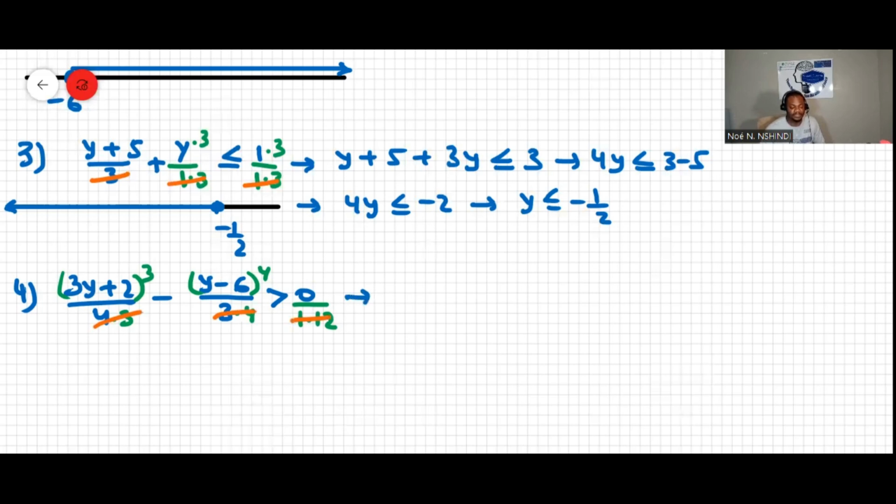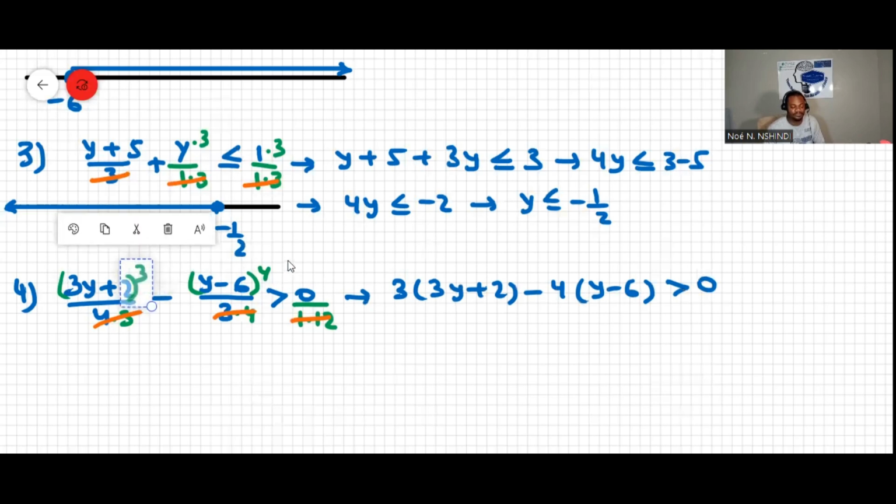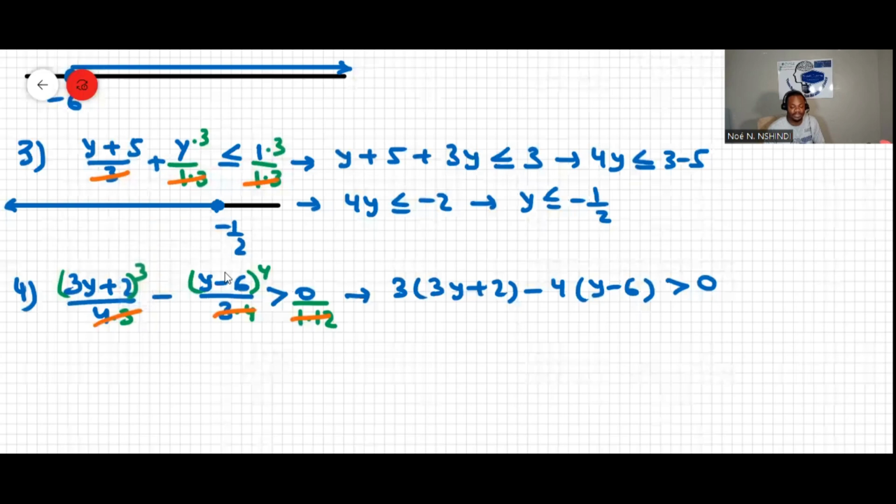Then this will make what? 3 open bracket 3y plus 2, okay, minus 4 open bracket y minus 6 greater than 0. So I just write this 3 in front of it, okay. And then also this 4, also write it right in front there, and then we can times this times that, this times that, and that times that, and that times that also.